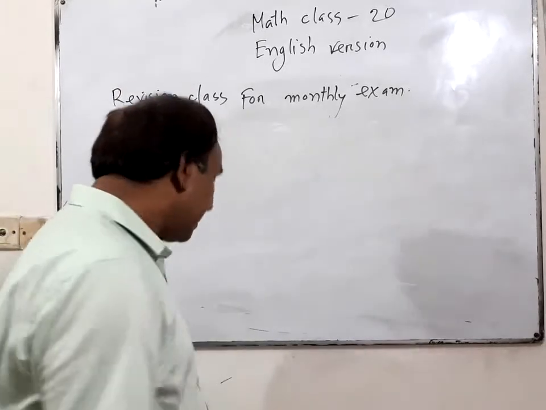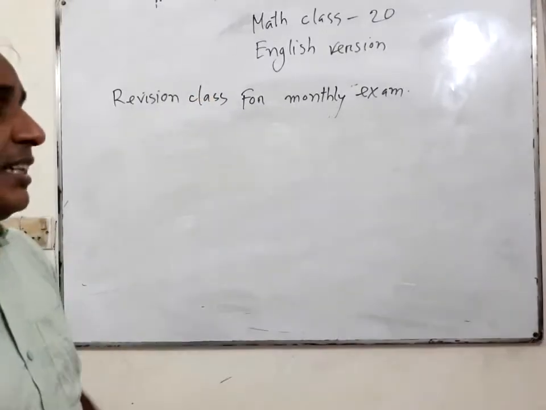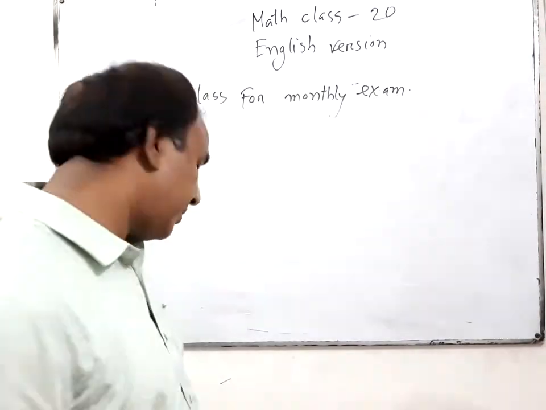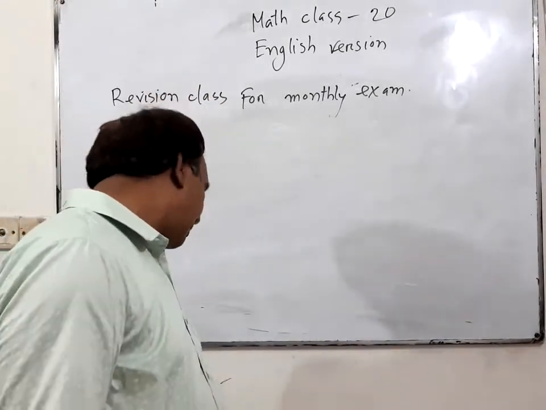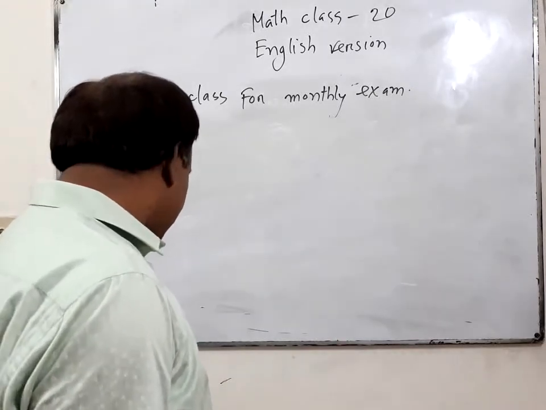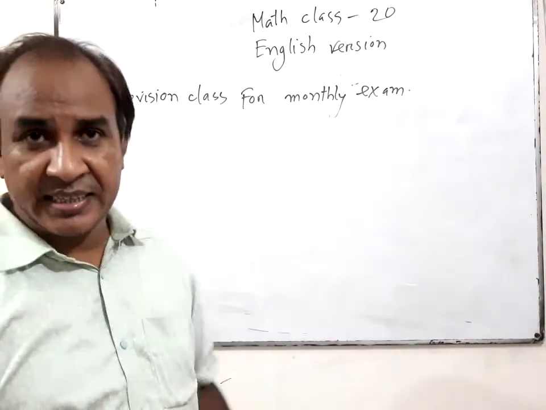Last class I discussed that in respect of sides, triangles are of 3 types. Today I am going to discuss that in respect of angles, triangles are of 3 types.